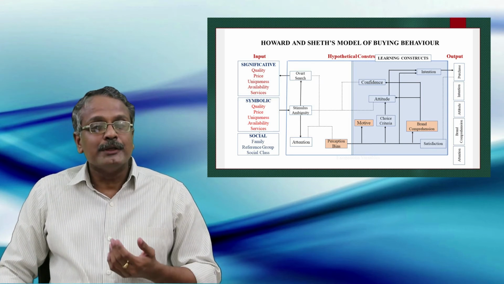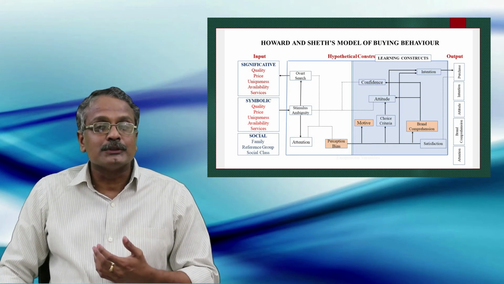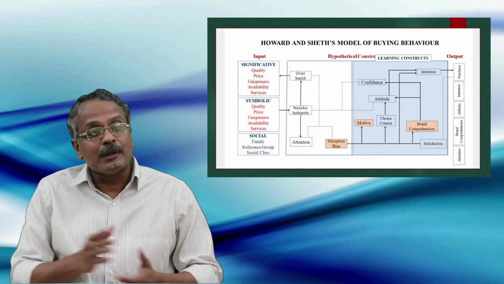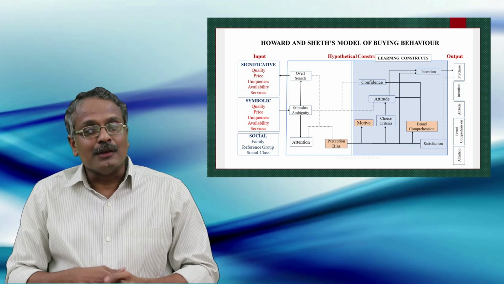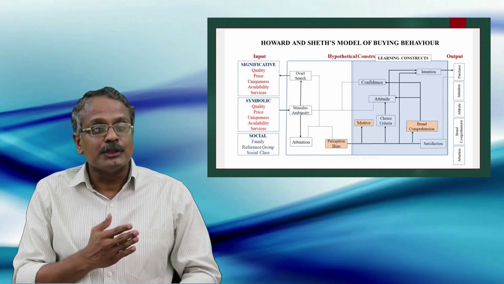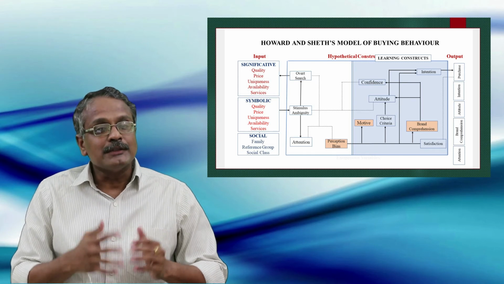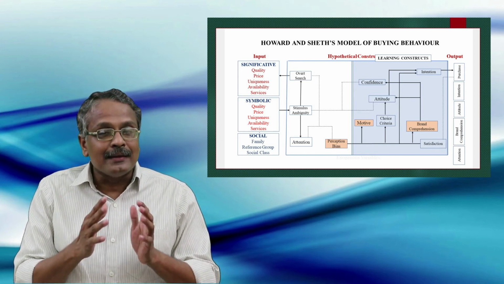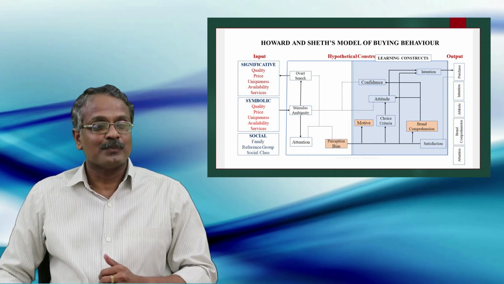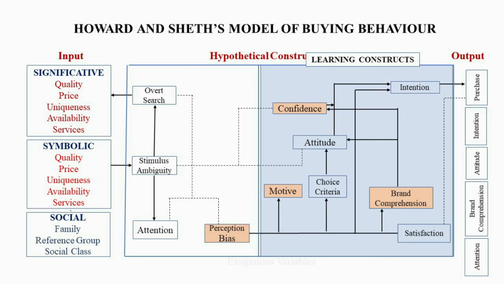Some other consumers may stop the decision making process even before developing the brand comprehension. If the consumer is not getting sufficient information and becomes unable to proceed further, his output may end at the attention level itself. At the same time, some confident consumers may move forward up to the level of purchase even if he has no idea about the product.